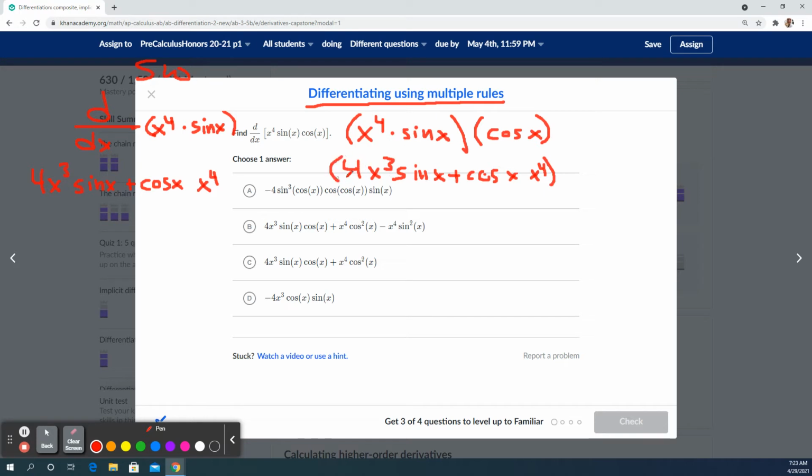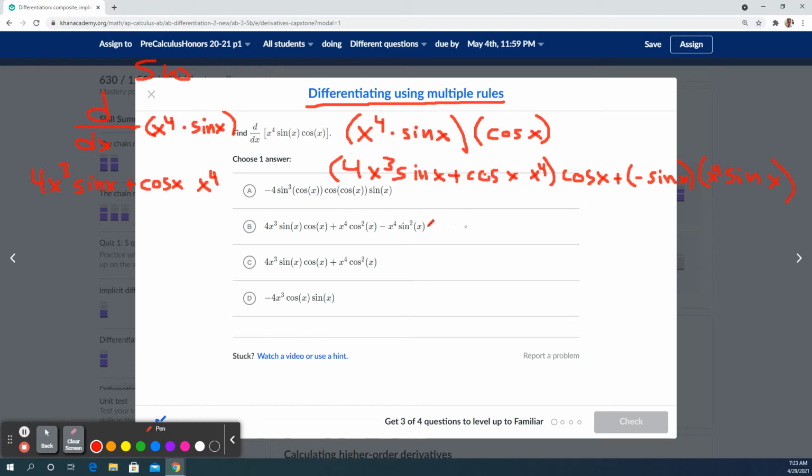So the derivative of the first times the second plus derivative of the second, which would be negative sine, times the first, x to the 4th sine x. And good thing we're not using any trig identities. This is hard enough already.